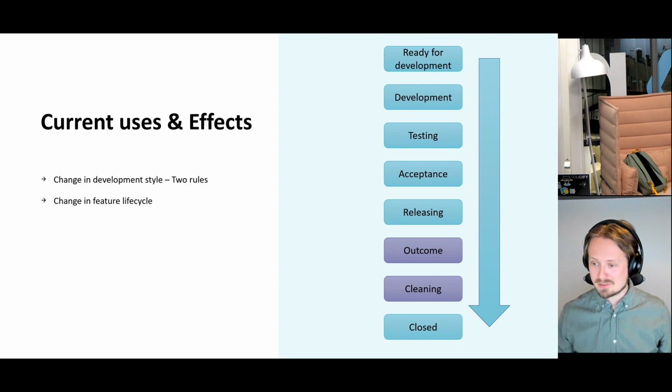But it has a significant impact on our definition of when a feature is done. A feature for us is not done until the feature flags are removed from the code.